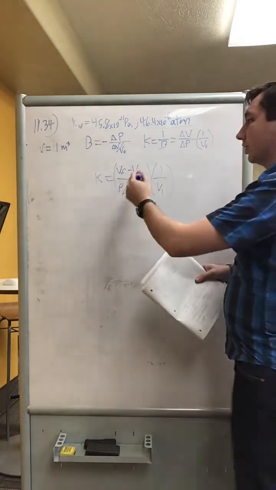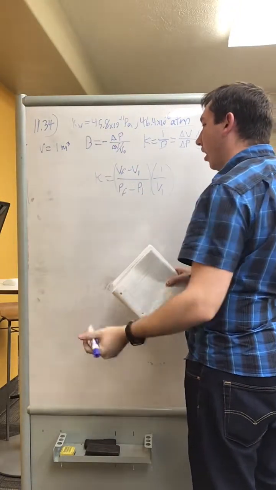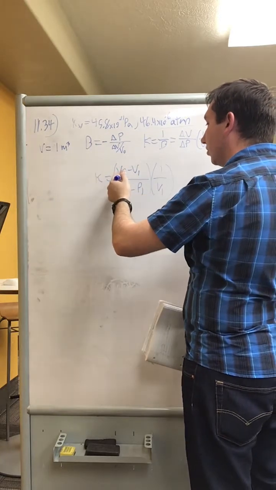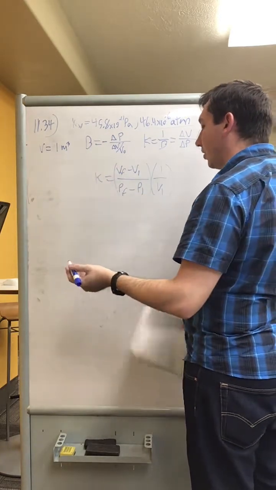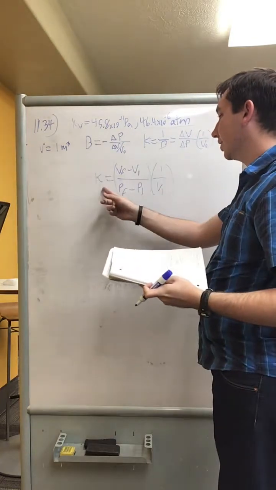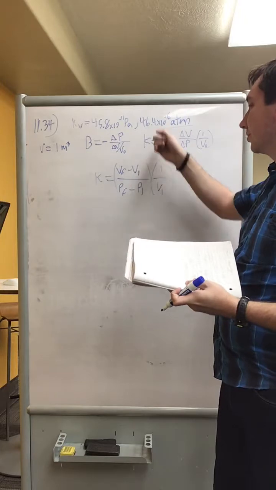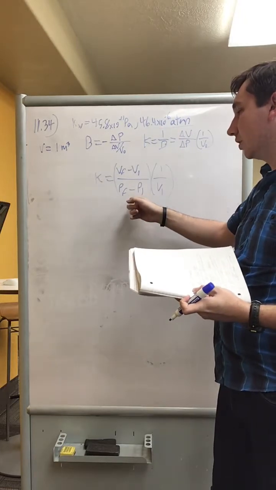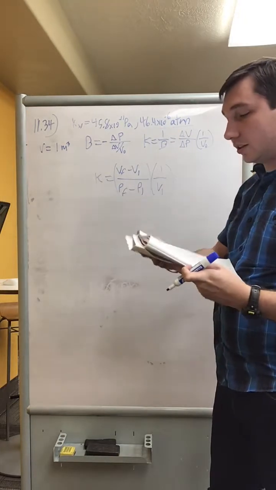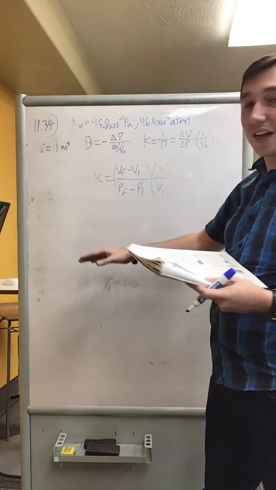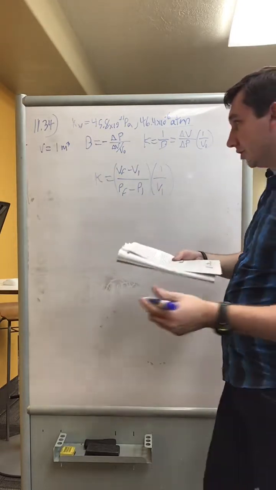So we know that the initial volume is going to be 1. We're looking for the change in volume. We have K over here. We know the pressure at sea level in atmospheres is going to be 1. And then the problem gives us the pressure at that depth in the Marianas Trench.